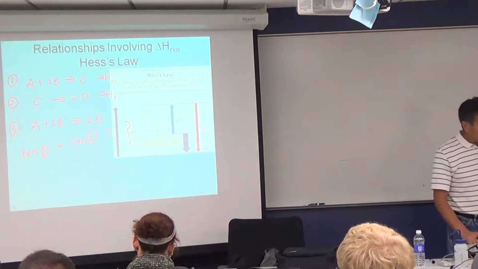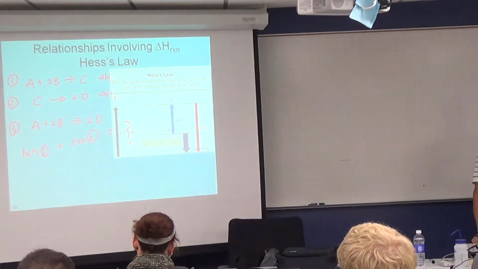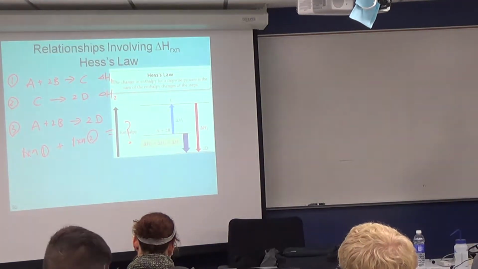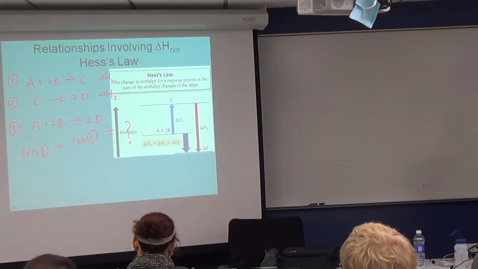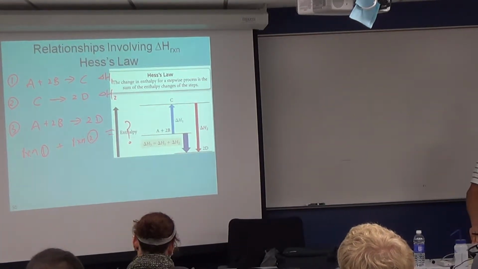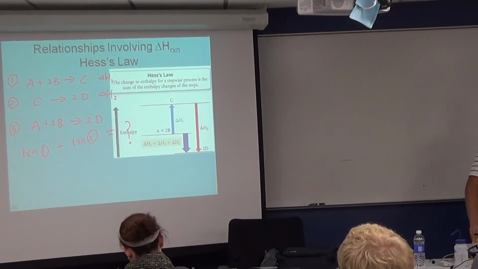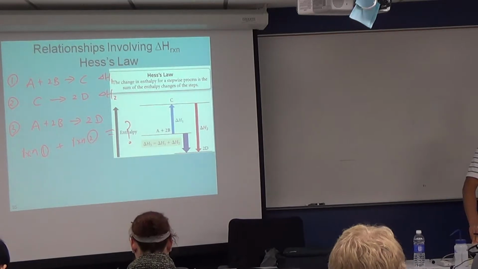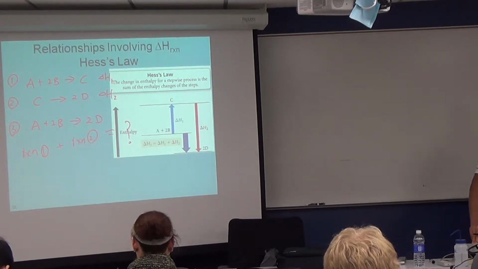Adding equations means you add the reactants with reactants, and then you add the products with the products. And then after you do that, you do two things. You can combine and cancel. Right?